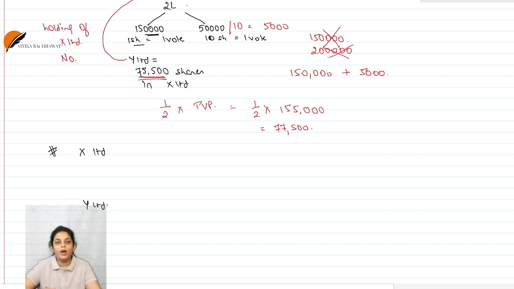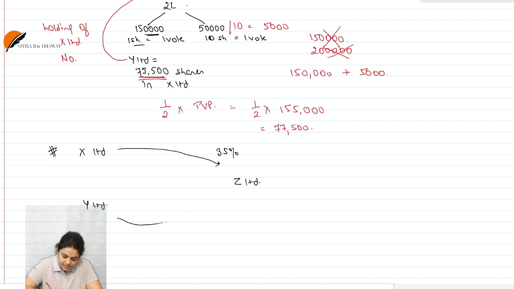X Limited, Y Limited, Z Limited. X Limited is holding 35% shares in Z Limited. Y Limited is holding 25% shares in Z Limited.